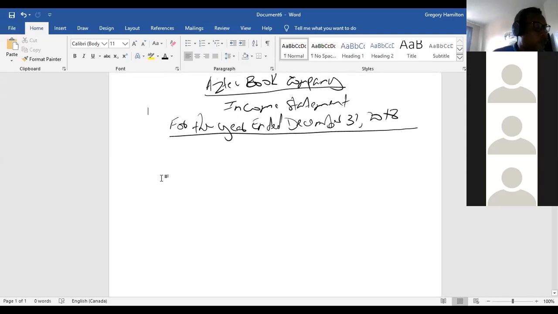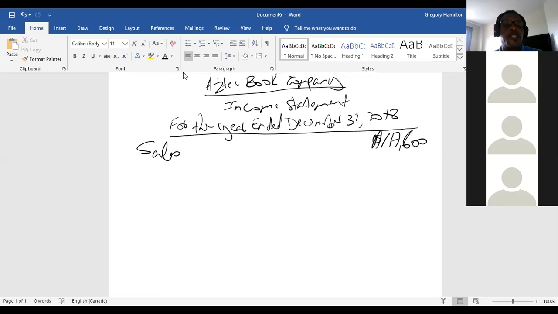So what's the first thing we're going to put in our income statement? What's the first thing we always start off with in our income statement? We'll start with sales, right? Don't sell anything, can't have an income statement. So in this case, we have 117,600.